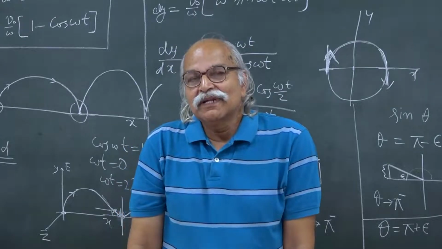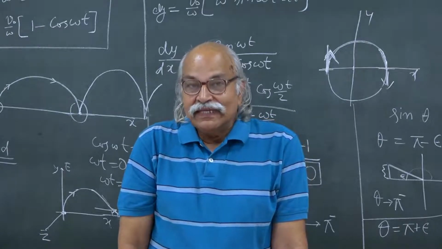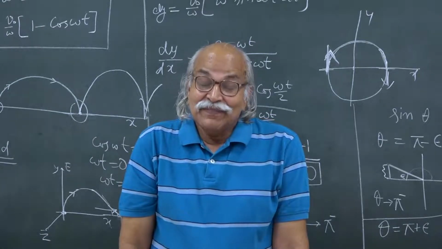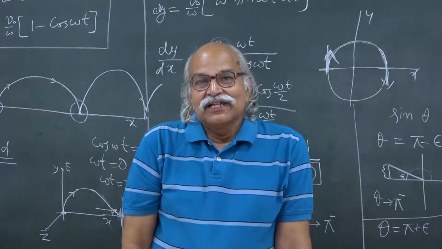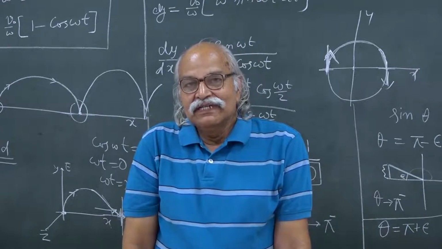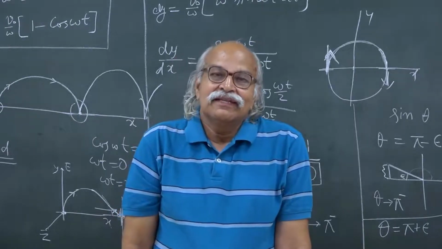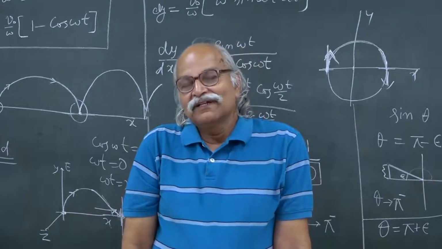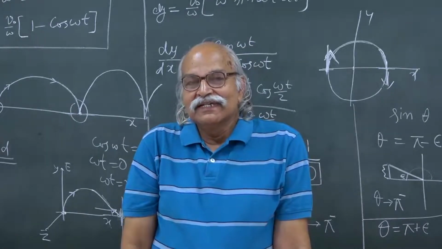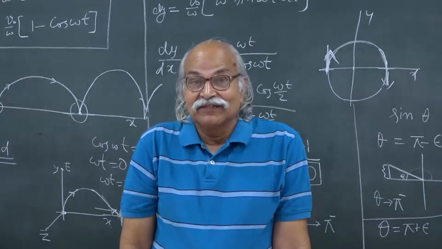So, in this example, we had taken our charged particle in crossed electric and magnetic field with 0 initial velocity. We released it from rest at the origin, and then under the effect of electric and magnetic field, it goes in a cycloid kind of path.